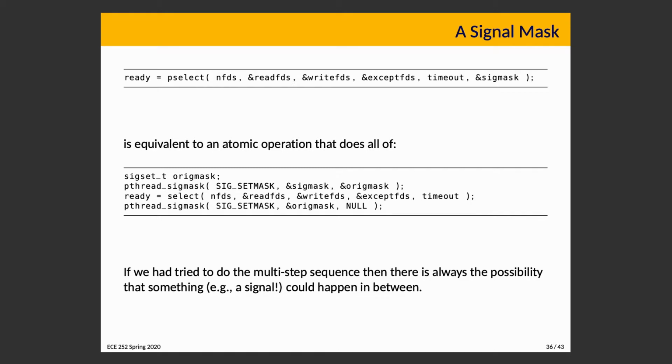In the past, we were setting it at a process level, where we used our system called sigprocmask. Now we are setting it for a thread individually. It's not really any different. The function signature is effectively the same, but now we're saying just for this thread only, we are interested in setting the following signals.